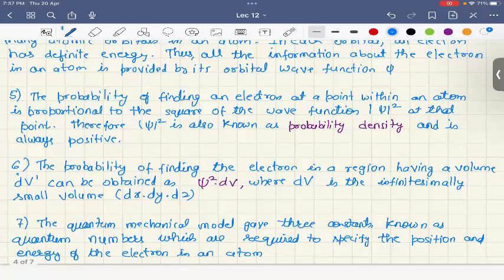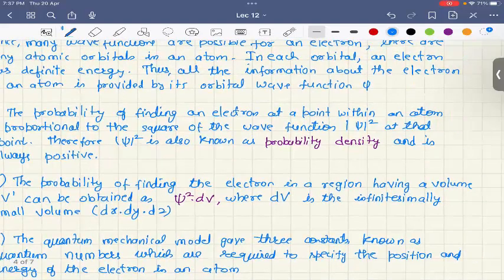So now what we are going to study, next topic, is orbitals.